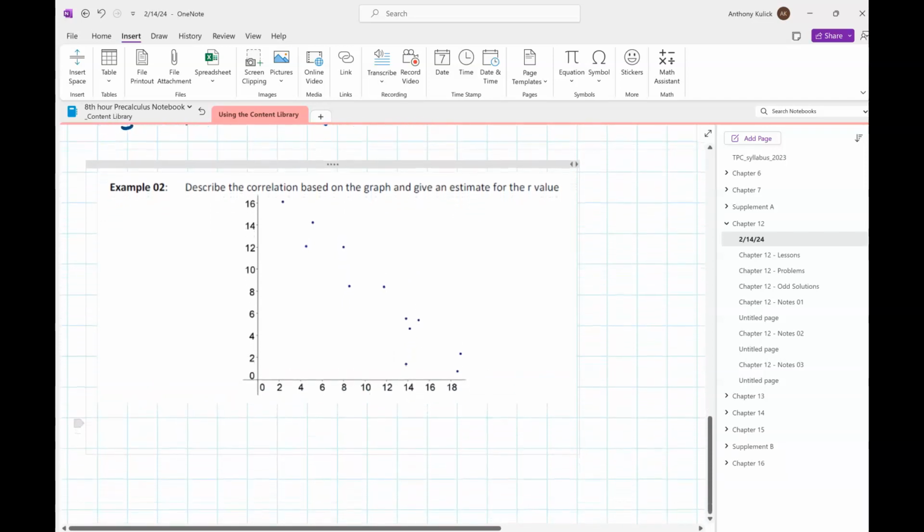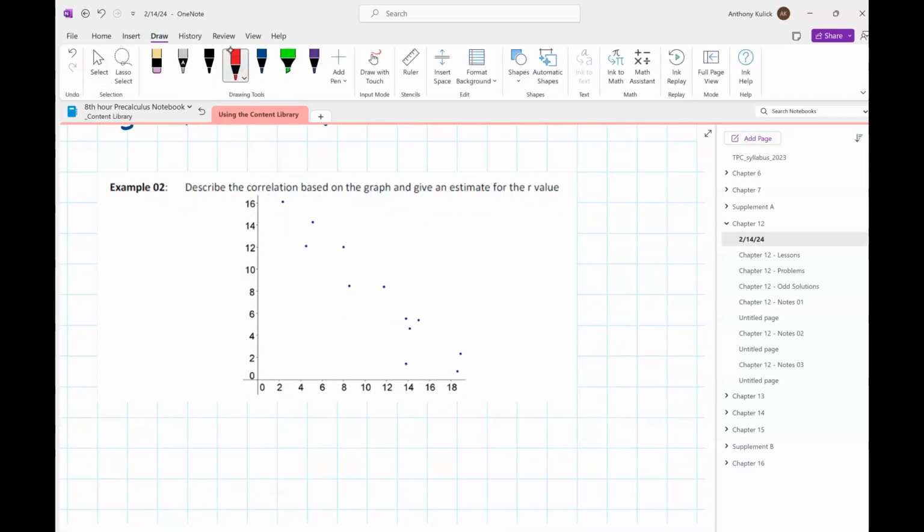Scatter plot. Great memory. It's just a bunch of points. It says describe the correlation based on the graph and then give an estimate for the R value. So let's describe the correlation first. First thing you want to do is say, is this negative or positive correlation? Negative. How can you tell? It's going down as you move from left to right.